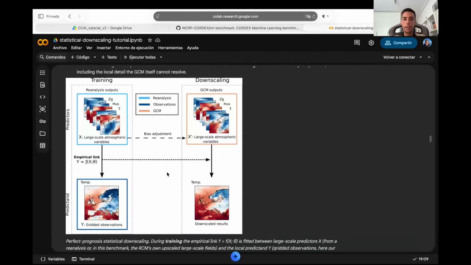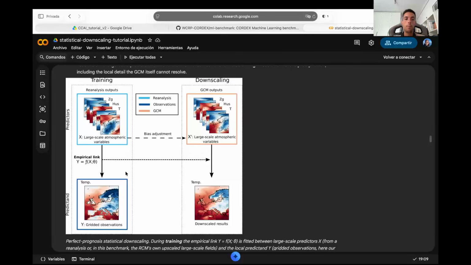And actually here you can see the process that we typically follow when working under the perfect prognosis statistical downscaling. Remember, as I mentioned before, that we have statistical downscaling, which is the approach that we use for generating high resolution projections from a GCM by using a statistical model. But within statistical downscaling, there are several approaches, and one of them is perfect prognosis, which is the one I detailed here.